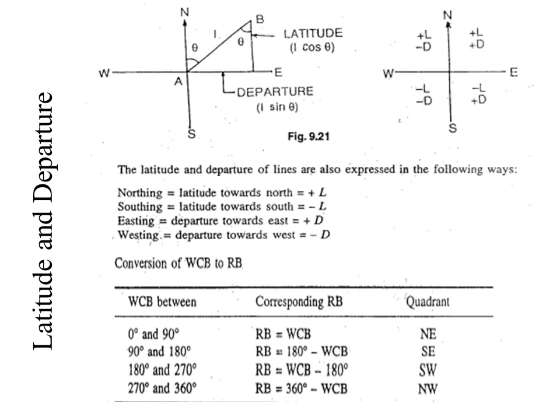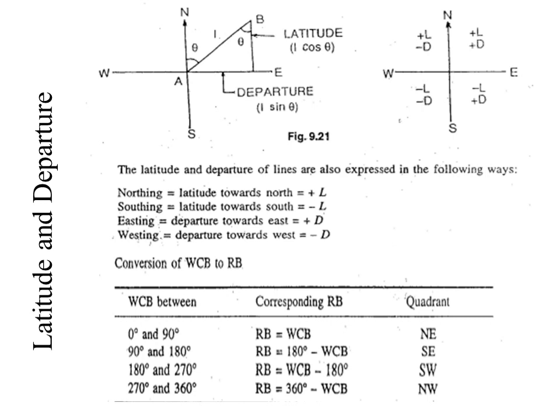Therefore, whenever we have the values of whole circle bearing of a line, we have to convert the given WCB to reduced bearing depending upon the quadrant in which that particular line lies.